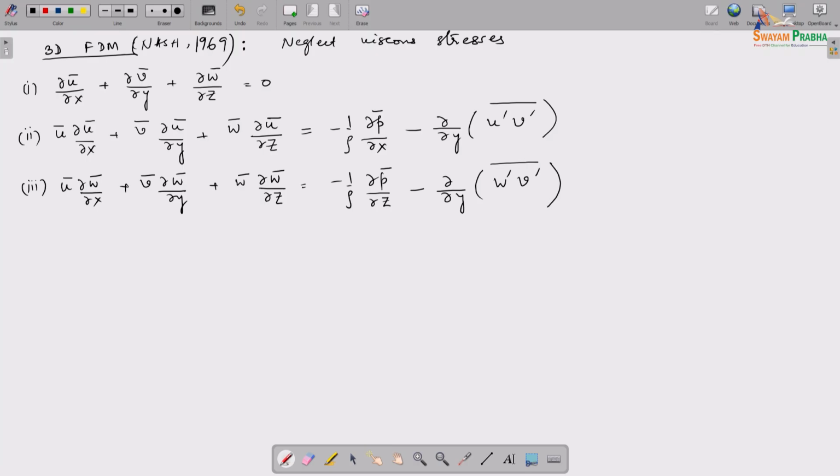These are the x direction, z direction, and y direction momentum equations, and we also have the turbulent energy equation, which is this one.